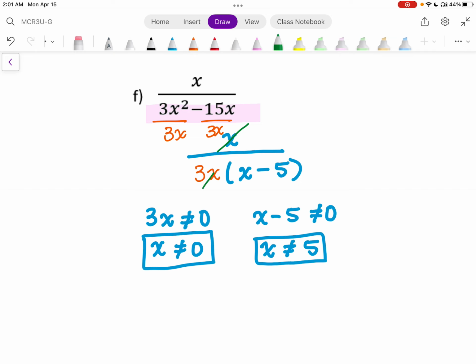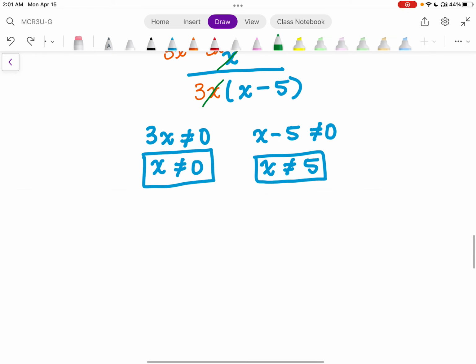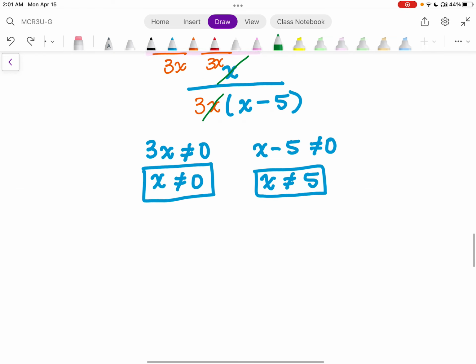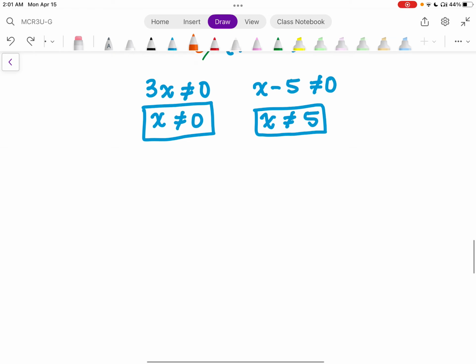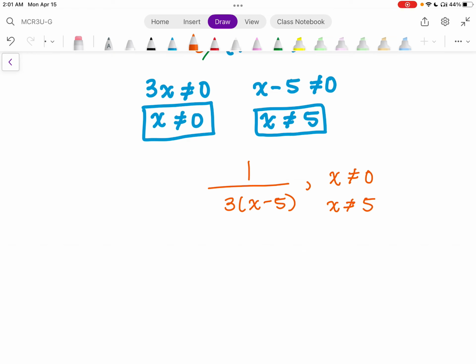I can cross this x out. I'm still left with a 3 at the bottom. I can't cross this x out because it's addition and subtraction, so that's not factored out. You can only cross out the things that you factored out. So then I'm left with 1 over 3 times x minus 5, such that x cannot equal 0, x cannot equal 5.